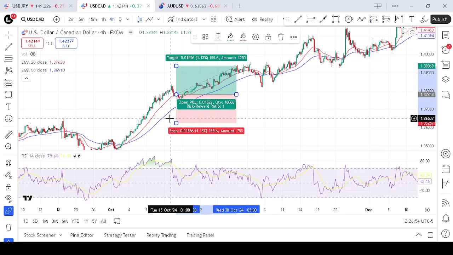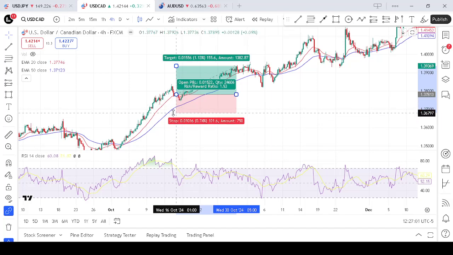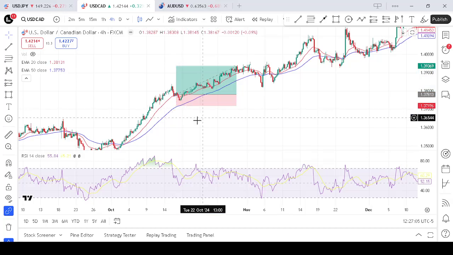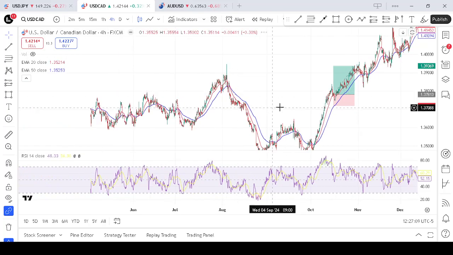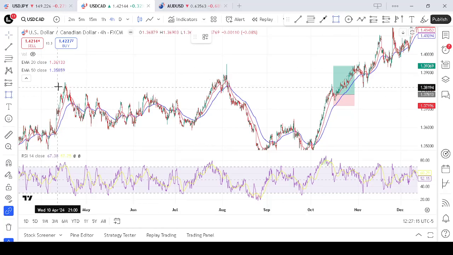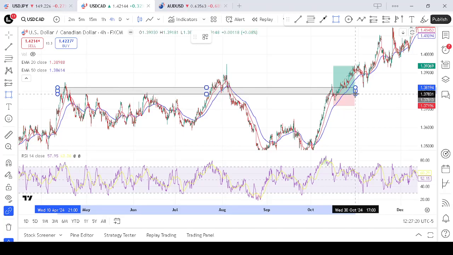Let's not forget our risk management. We put our stop loss below a support or a previous swing low. If we can go back in time, we will find out that this area is an area of importance. Look, price has been rejecting around this area, which shows that yes, there is a support or a resistance around this area.